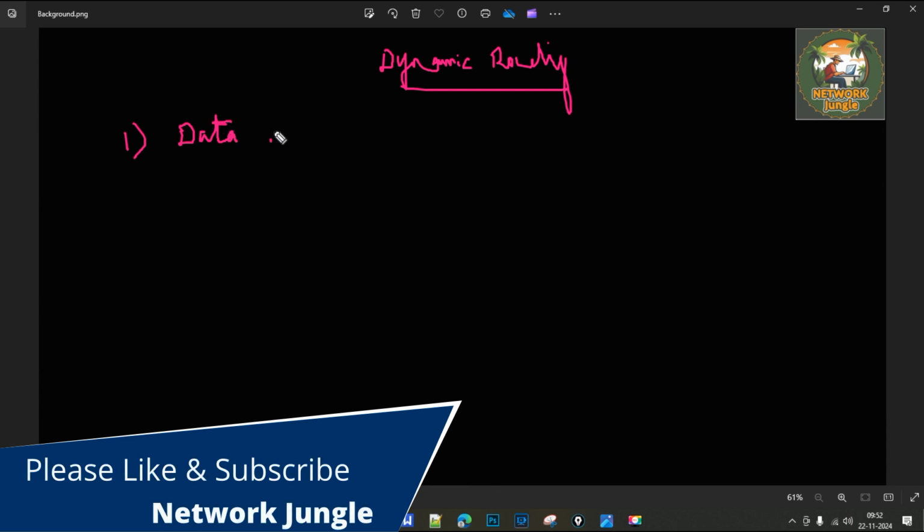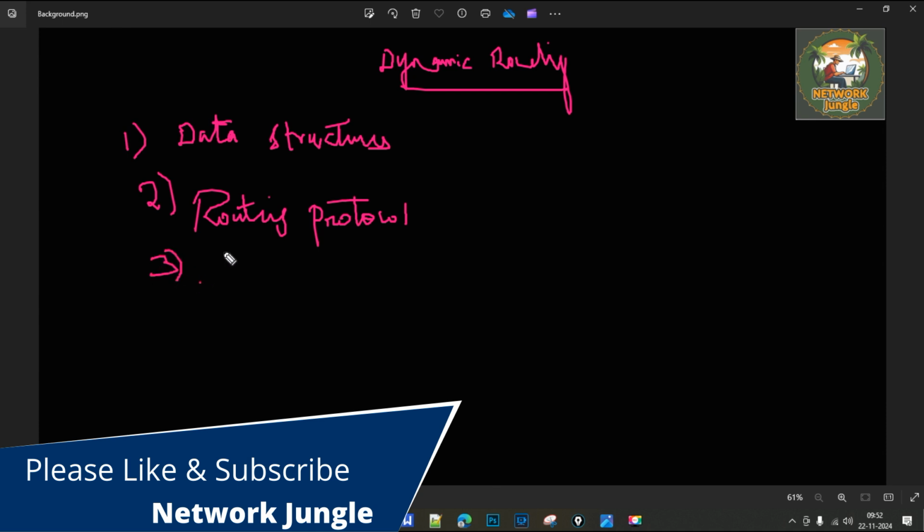The second one is the routing protocol. And the third one is the algorithm. These 3 components play the major role in the dynamic routing protocol. I will explain one by one.